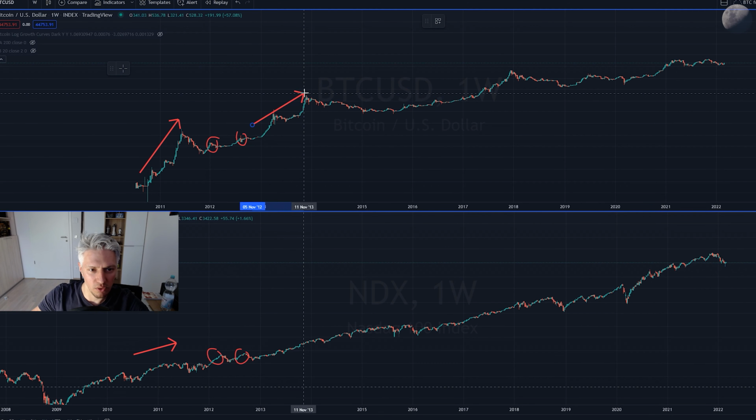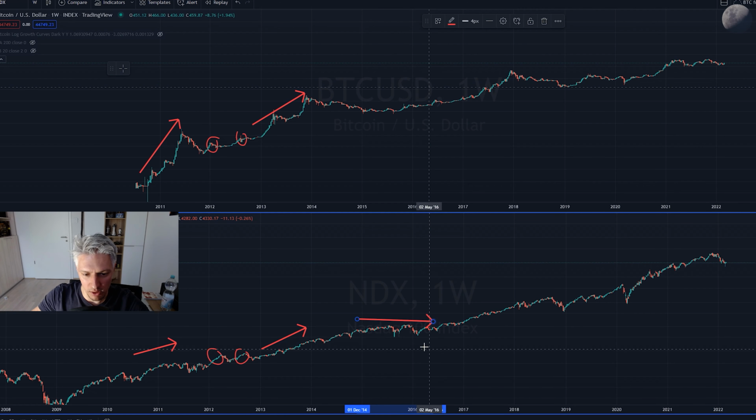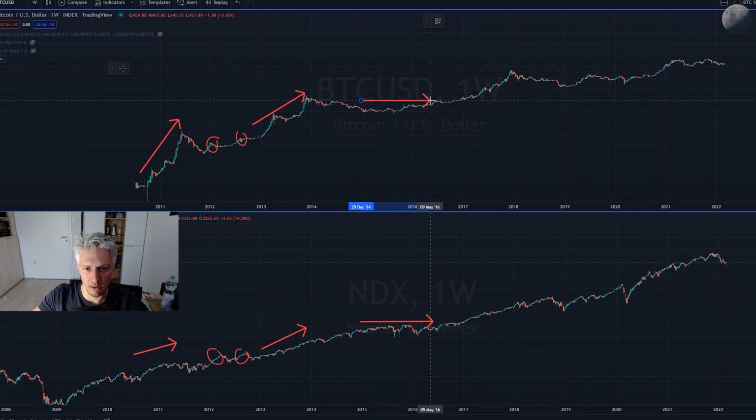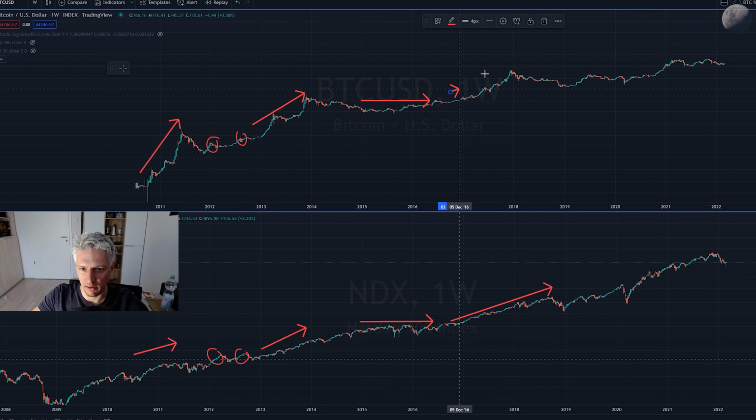And then Bitcoin went on a quite massive bull run in 2013. And what happened? Nasdaq also was in a bull run. And this time here, when Nasdaq was not performing really well, this was also the time when Bitcoin was going basically sideways for more than 1 year. And as soon as Nasdaq started pumping again, Bitcoin also started pumping again.